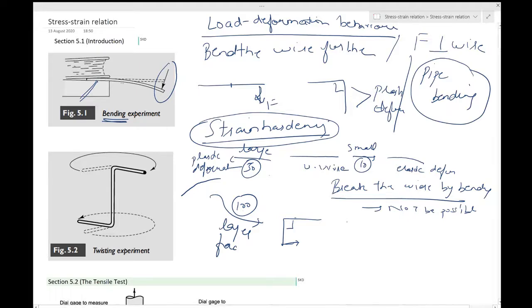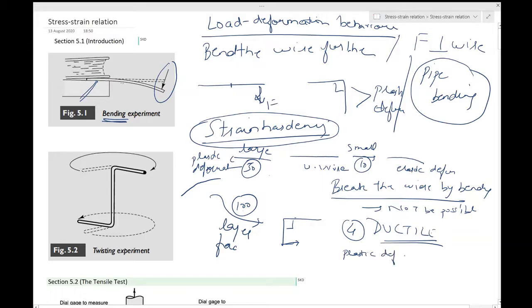This is where the fourth term comes in, which is called a ductile material or a structure. Again, a word in italics, for which the plastic deformation before fracture is much larger than the elastic deformation.